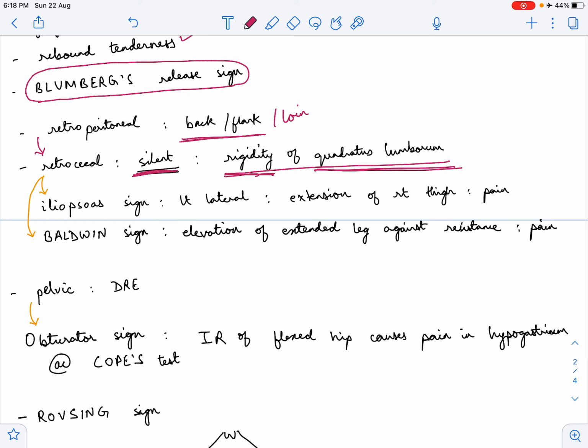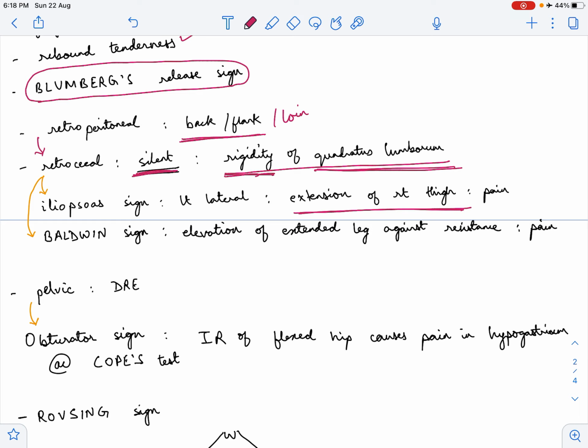With the iliopsoas sign, you're going to get pain in the right lower quadrant when you extend the right thigh. How do you do this sign? By default, the patient will be in a flexed knee position because that is going to give him relief from pain.